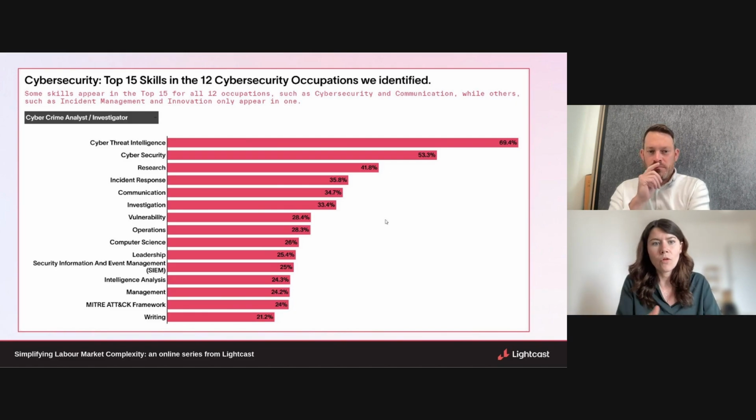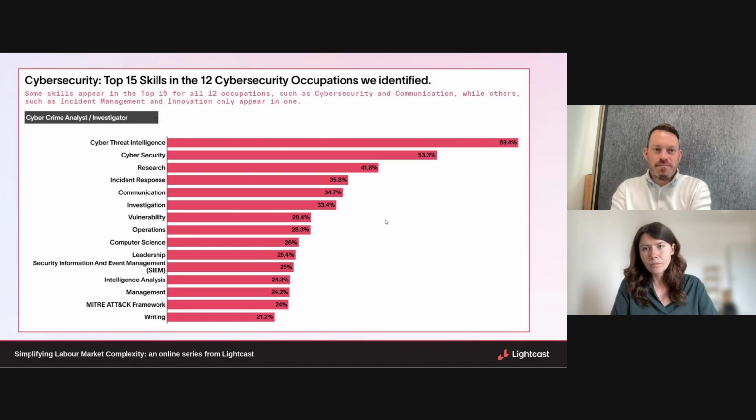So you can recruit for a cybercrime analyst, and you can be looking for all these type of skills in the people that you are trying to target.